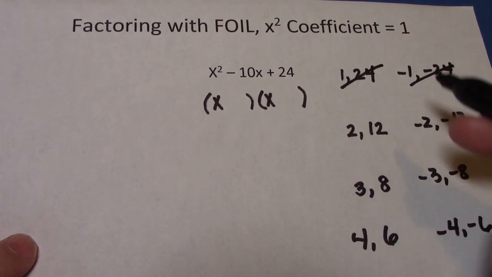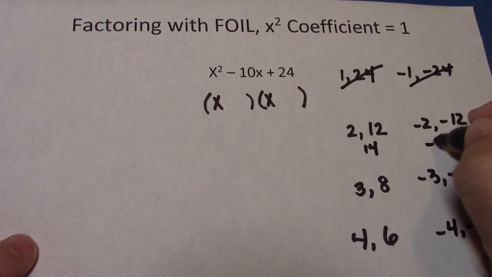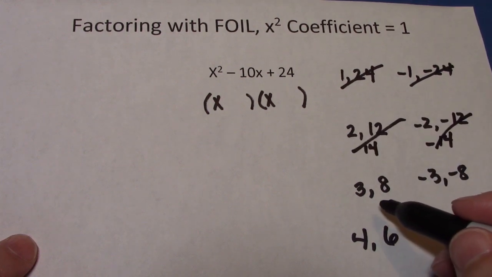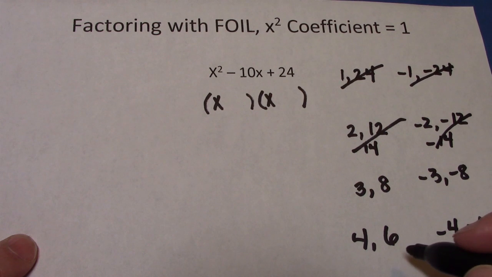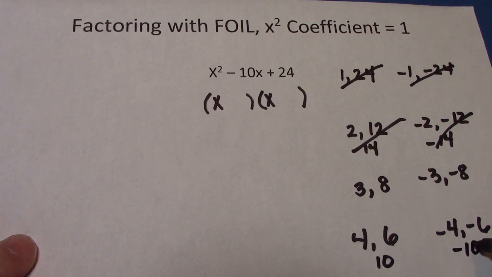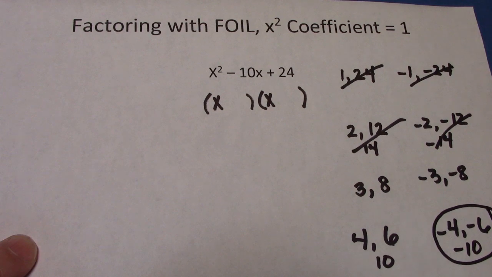2 plus 12, that's 14. Negative 2 plus negative 12, negative 14. No, that's not it either. 3 plus 8, no, that's 11. No. Wait a minute. 4 plus 6, that's 10. And negative 4 minus 6, that's negative 10. Negative 10 is what I'm looking for.